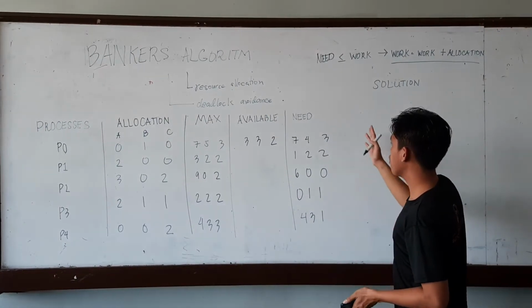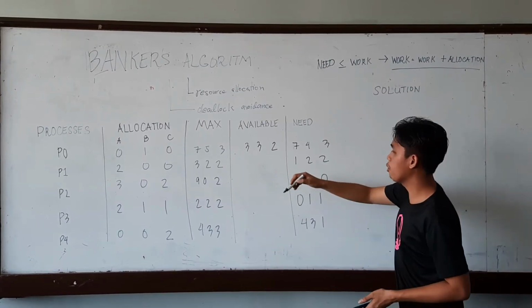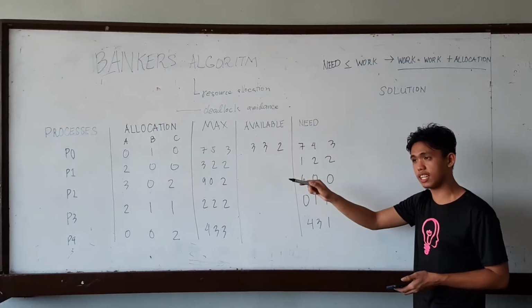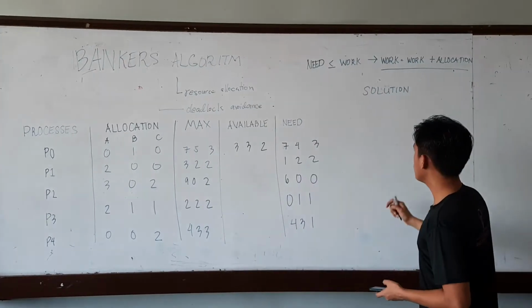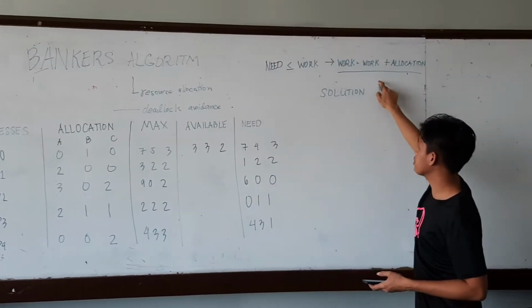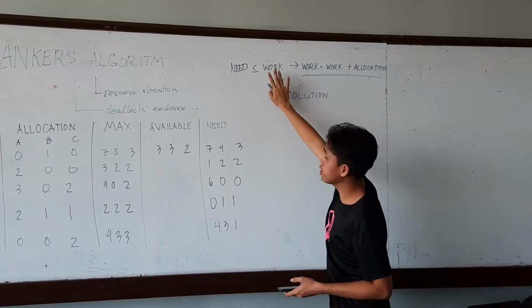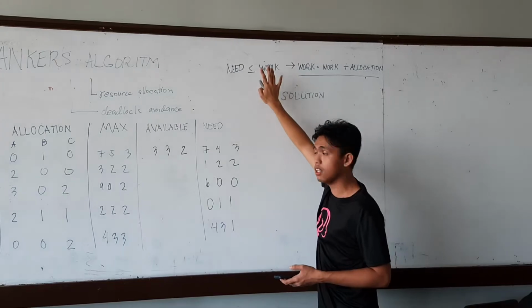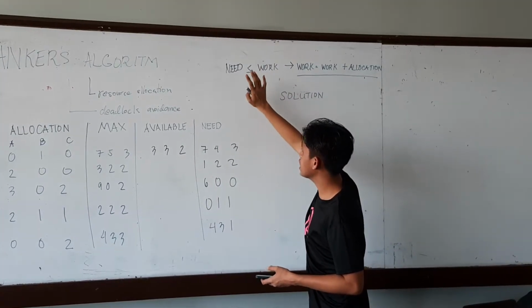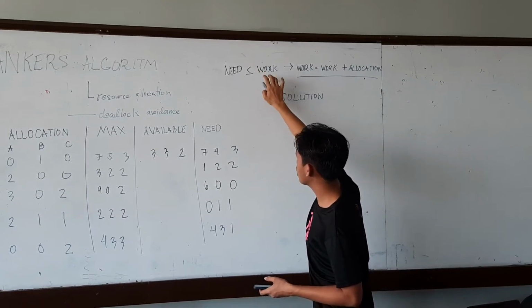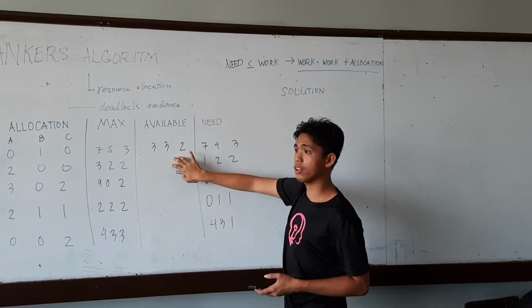Now for identifying each process, whether each of these can be considered in the safe state or not, we use this formula. We will have to identify the condition, whether the need is less than or equal to the work.